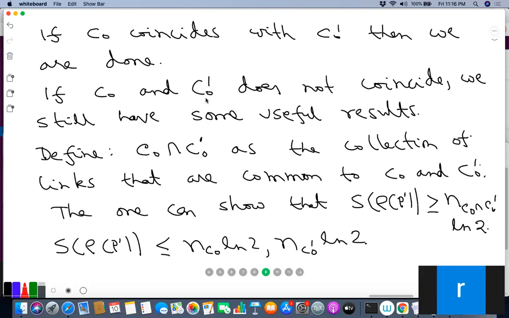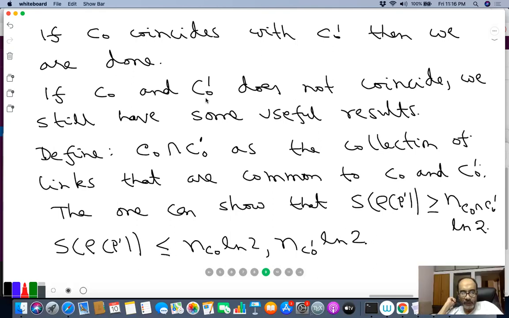So we started from the cut in that case. But if they refer to different cuts, then that proof doesn't work. Only if C0 and C0 prime coincide does the proof work. That's why I was asking.